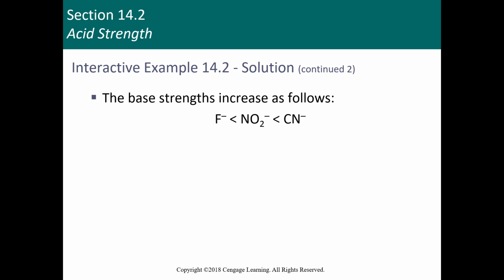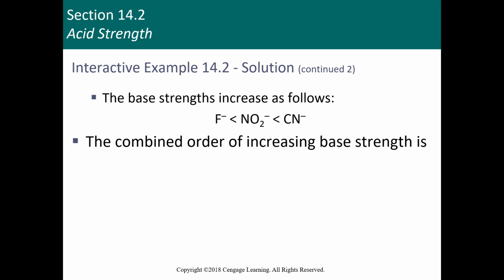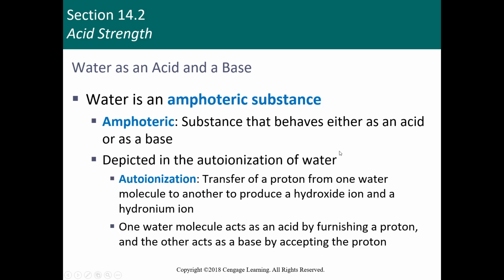So F minus has to be a weaker base than NO2 minus, which has to be a weaker base than CN minus. So if we combine these two factors, we get this order right here, which is Cl minus is weaker than H2O, which is weaker than F minus, weaker than NO2 minus, weaker than CN minus.